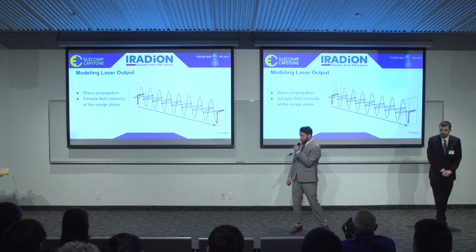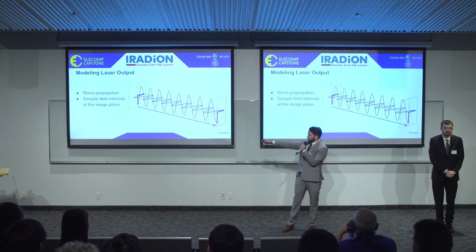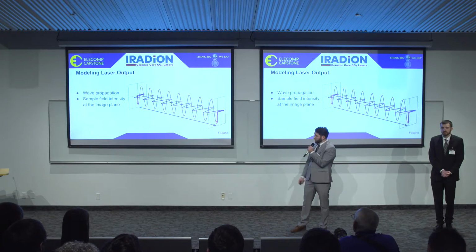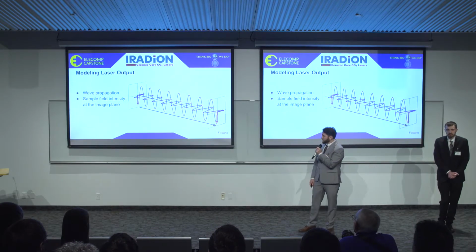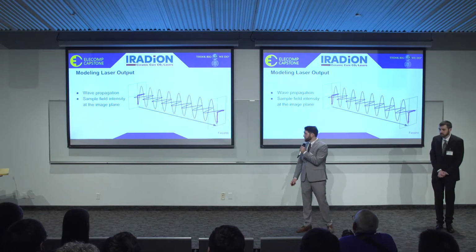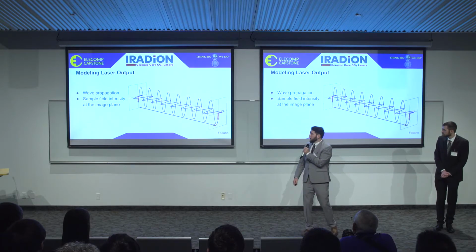Additionally, we had to be able to represent this light mathematically so that we can model things in MATLAB for future simulations. Our first assignment in MATLAB was to generate a plane, seen on the left here, and propagate the electromagnetic light wave for some distance in free space. After doing so, we would sample the field's intensity. This is what it looks like propagating through.